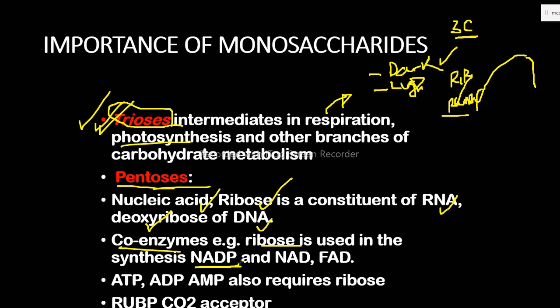You know this NADP? It is nicotinamide adenine dinucleotide phosphate. Because it has nucleotides, we shall study all this and you shall see that a nucleotide has a ribose sugar.